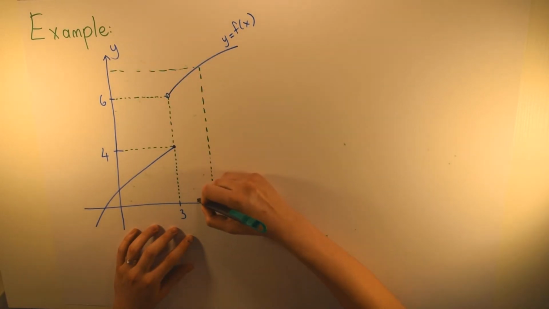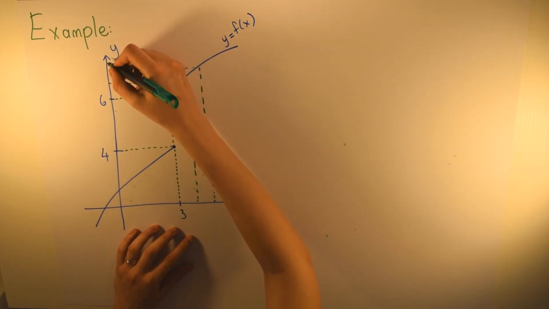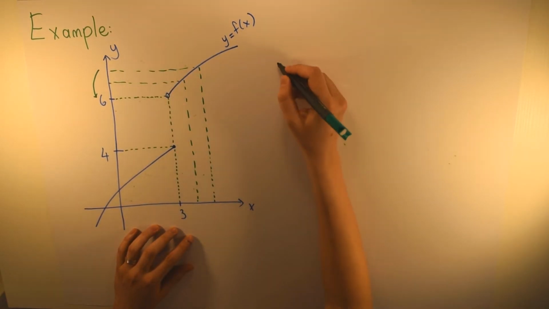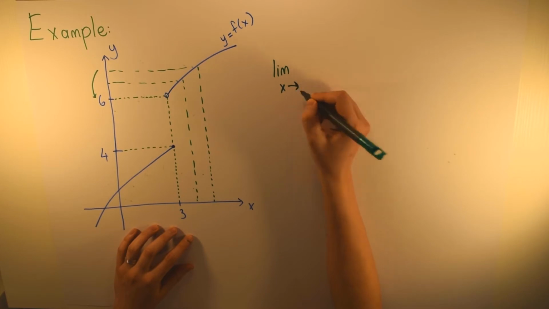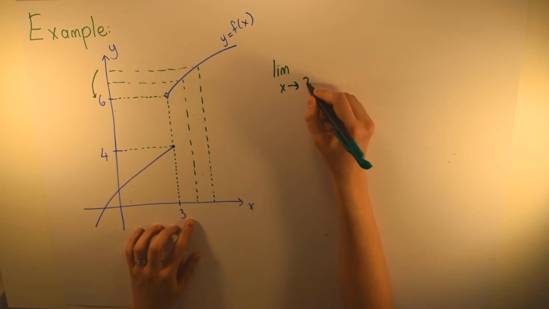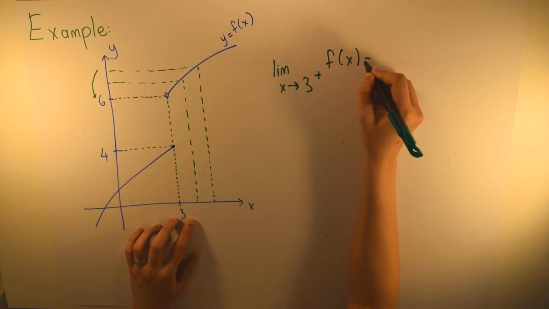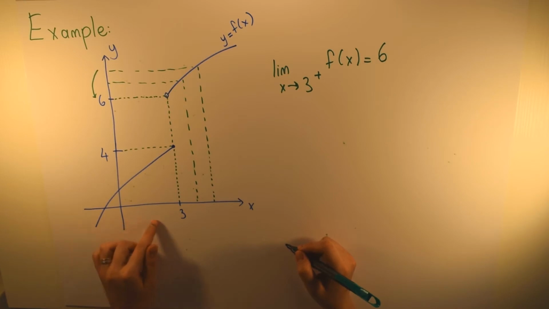As I approach from the right, our y value gets closer to 6. So I can say that the limit as x approaches 3 from the right side, f of x is equal to 6.